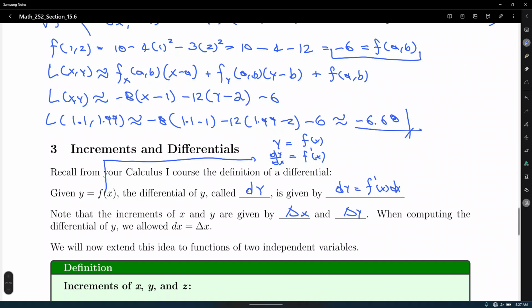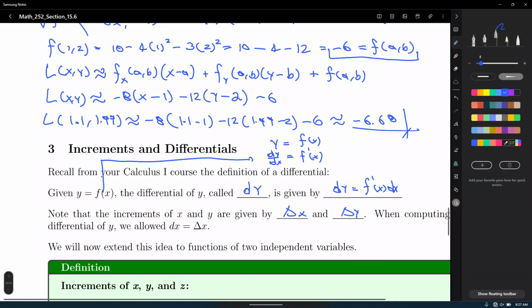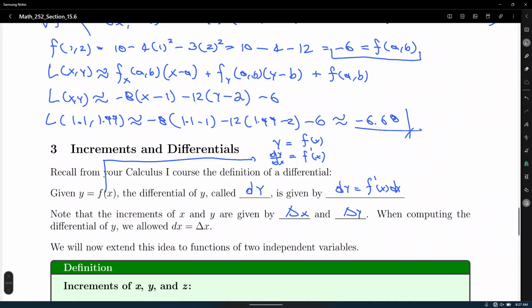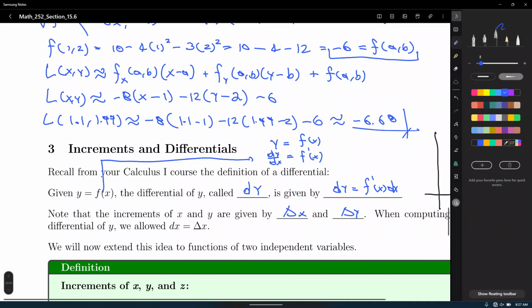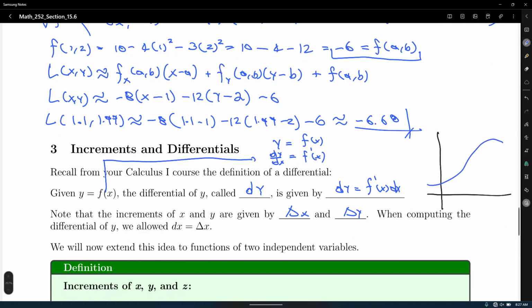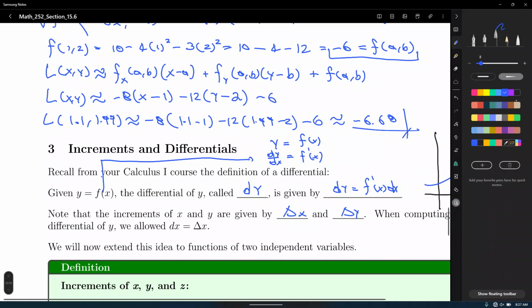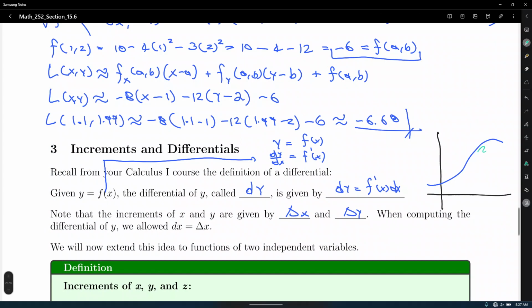However, what's the picture anyway? Going back to the idea from calculus 1, we have a function that looks like this, and we have this tangent line. It's just touching at one point.